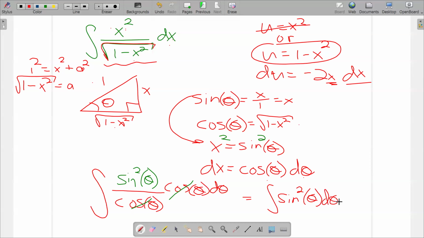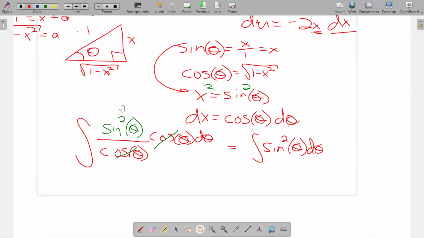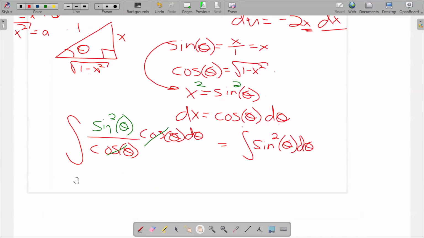I can use the half or double angle formula to get that out. So let's go a step further. We know how to do that using the formula: sine squared is equal to 1 minus cosine of 2 theta over 2.